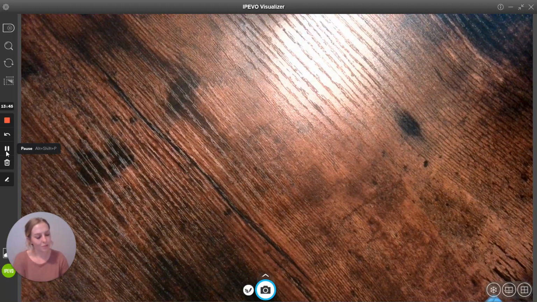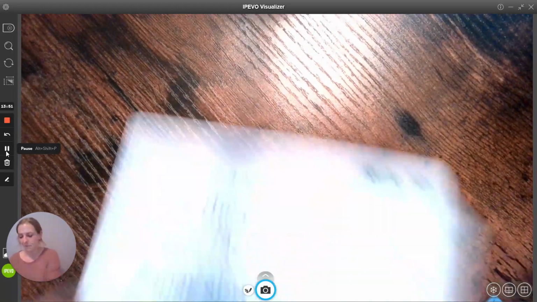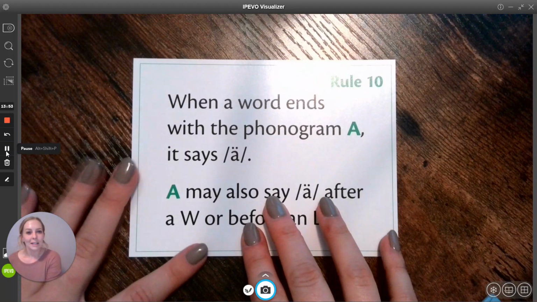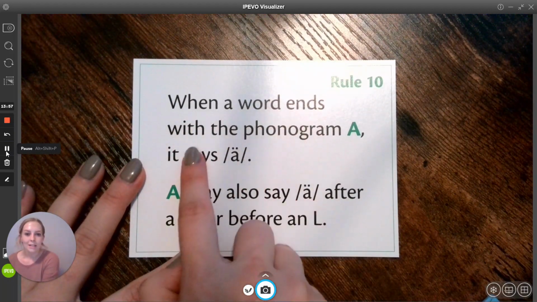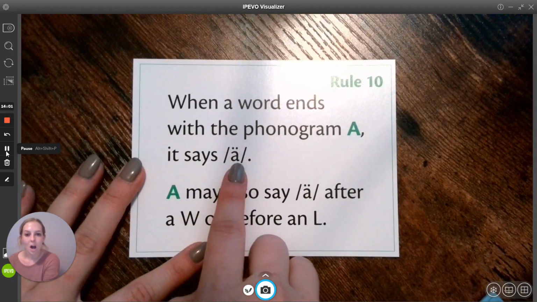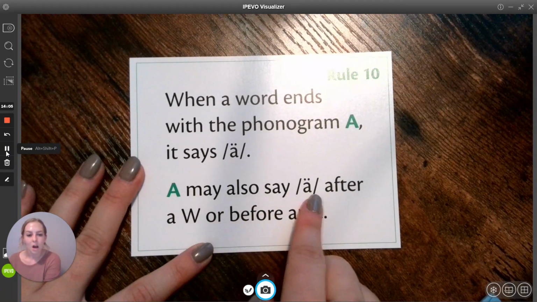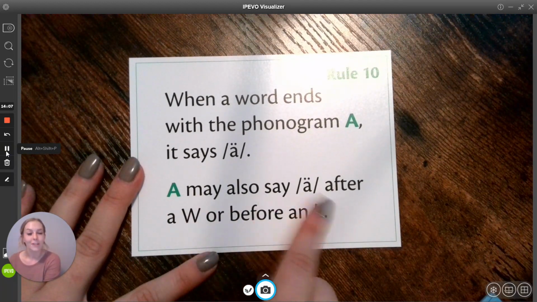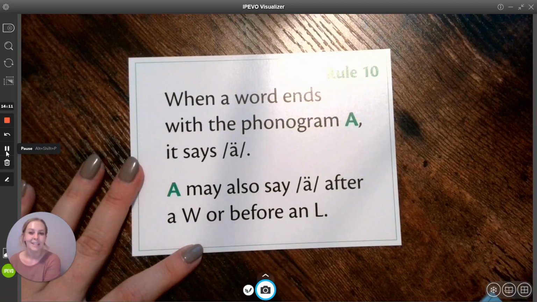Let's review spelling rule 10. Remember 10? We just learned this one. Let's read it together. When a word ends with the phonogram A, it says ah. A may also say ah after a W or before an L. Good job.